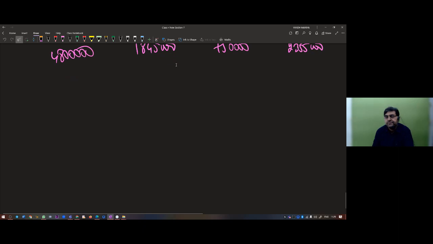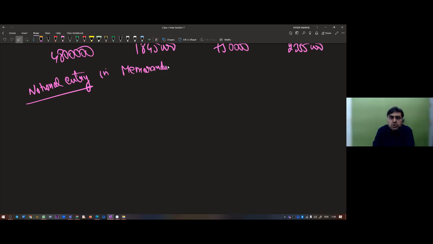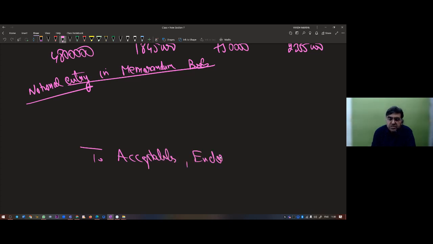Now, notional entry. Notional entry in memorandum books, rough books. Notional entry in memorandum book says to create a liability, acceptances, endorsements, and other obligations.